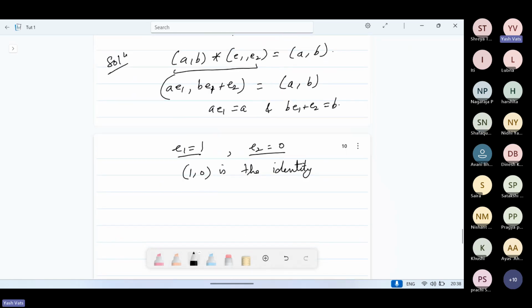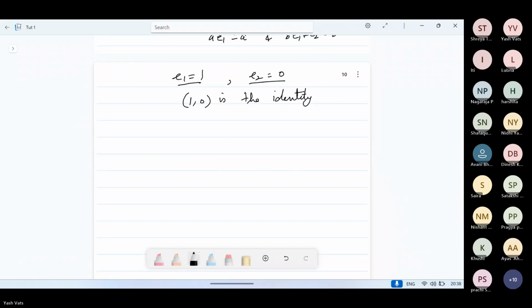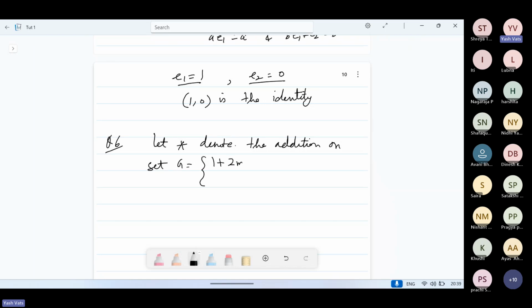Okay, now I write another question. Question 6: Let star denote an operation on set G, which is given by 1 plus 2m, and m is in Z. Then which is true?